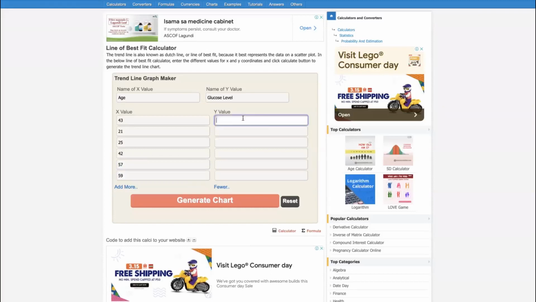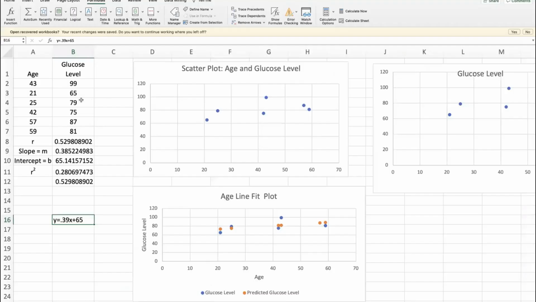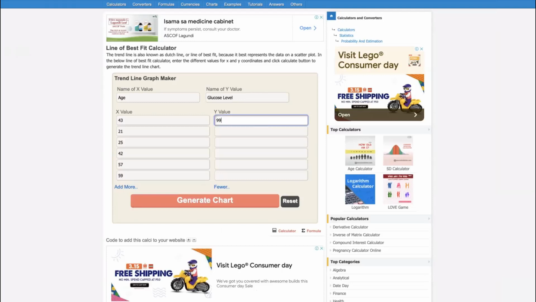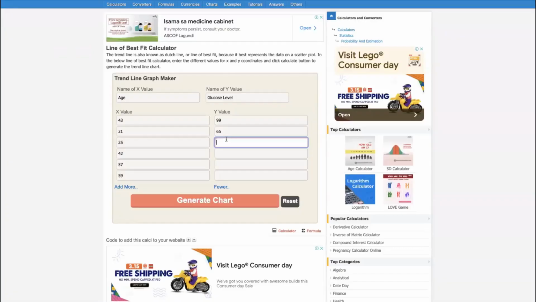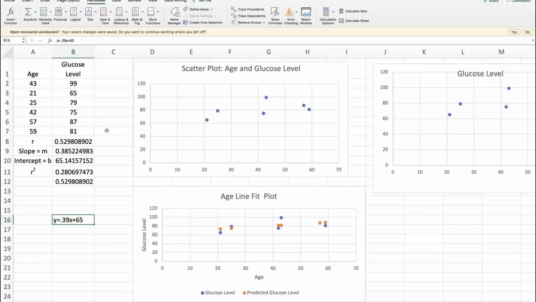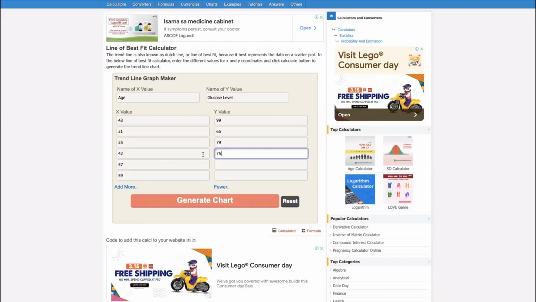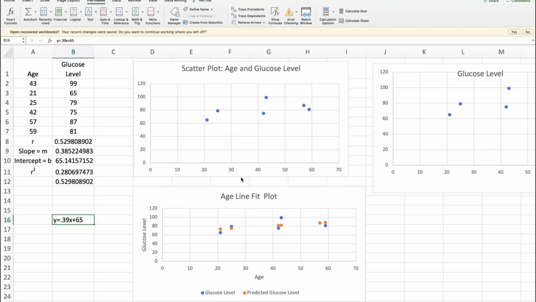And then the corresponding Y values: you have 99.65, 79.75, and then 87.81. Okay? So is it correct?